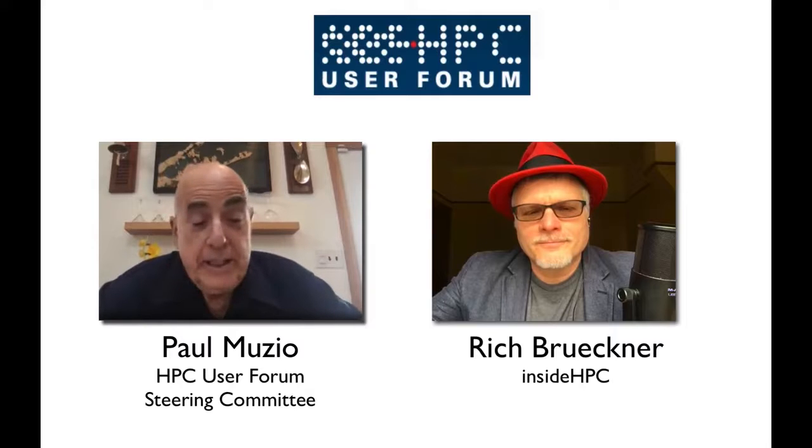The T3E and the Cray X1 were very interesting machines. The T3E had global address space programming models incorporated in it in hardware. And we'll get onto that a little bit later in terms of future technologies.